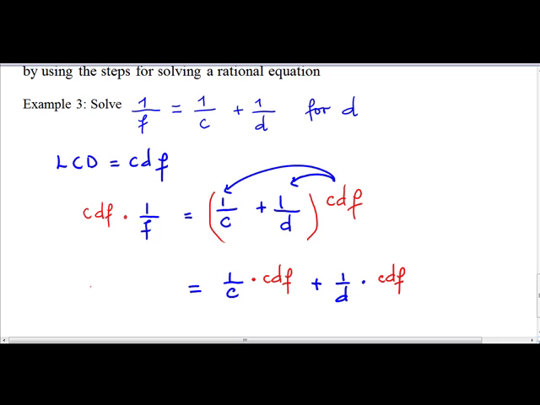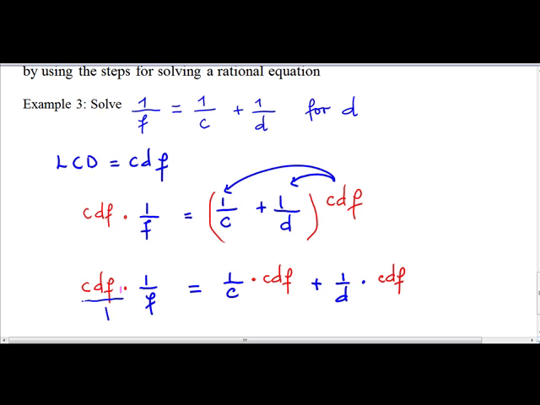Over here, look, it's copied straight down. And then now we're going to simplify. This term is multiplied by 1 over f. So don't forget there's an invisible 1 down here.